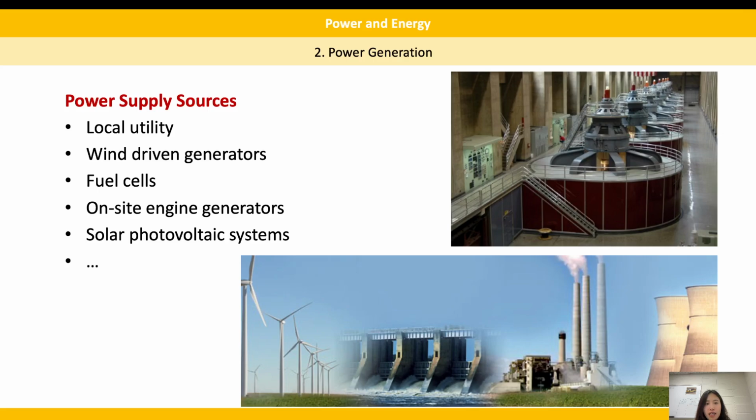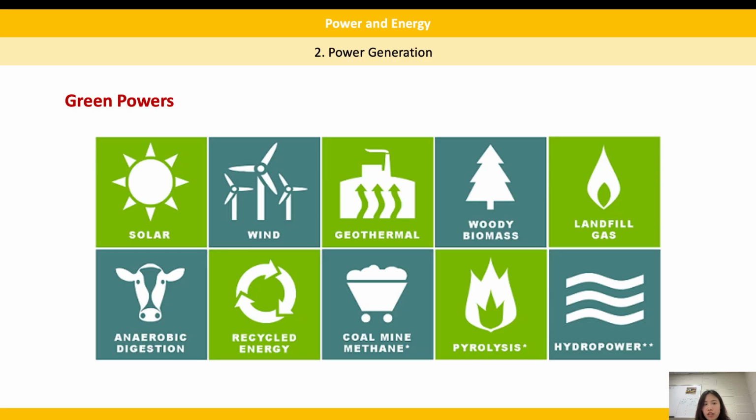Okay, power supply sources include, and I just list some popular ones: local utility, wind-driven generator, fuel cells, on-site engine generators, and solar photovoltaic systems. Those are very popular and common power supply sources. And do you remember when we introduced sustainability, we mentioned green power or renewable power.